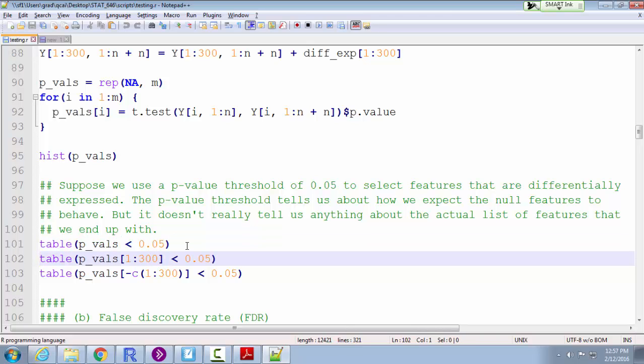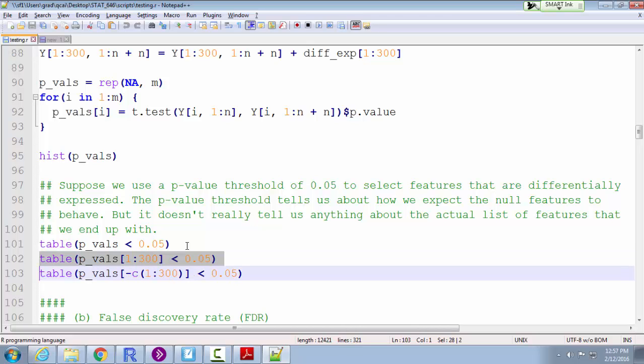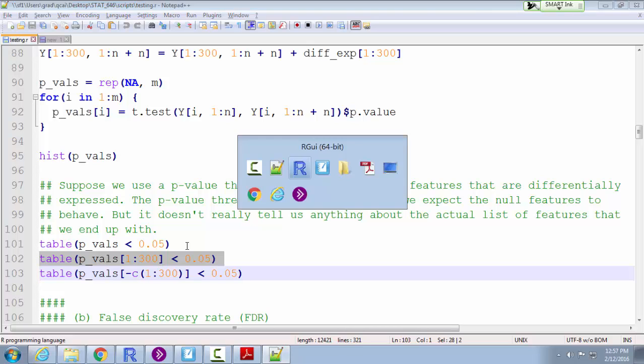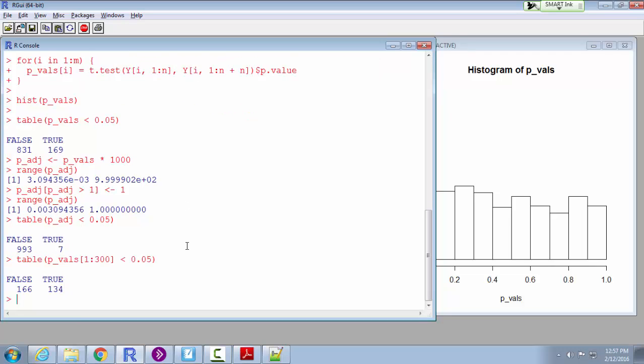Let me do a couple of other calculations here. Let's do this. This is going to tabulate what proportion of the actual differentially expressed features, those were the first 300, what proportion of them had p-values less than 0.05. 134. There were 300, and 134 of them showed up in our list, this first list, 169.